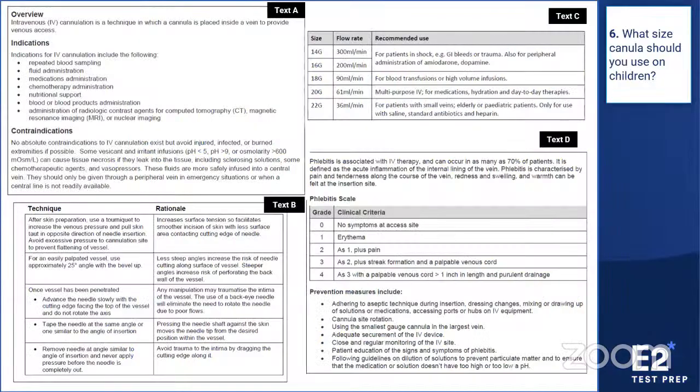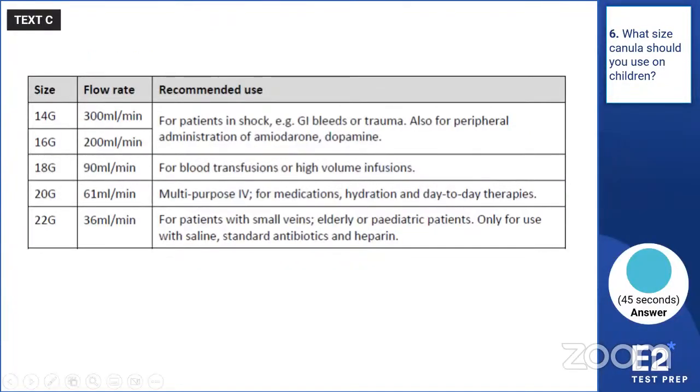So let's try some answers together. For number 6, what size cannula should you use on children? I'm going to give you the point there. Have a go at that one.